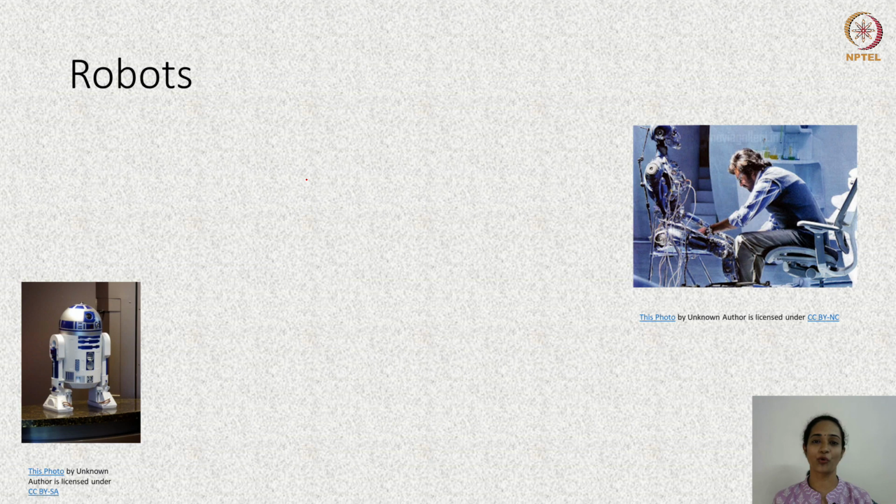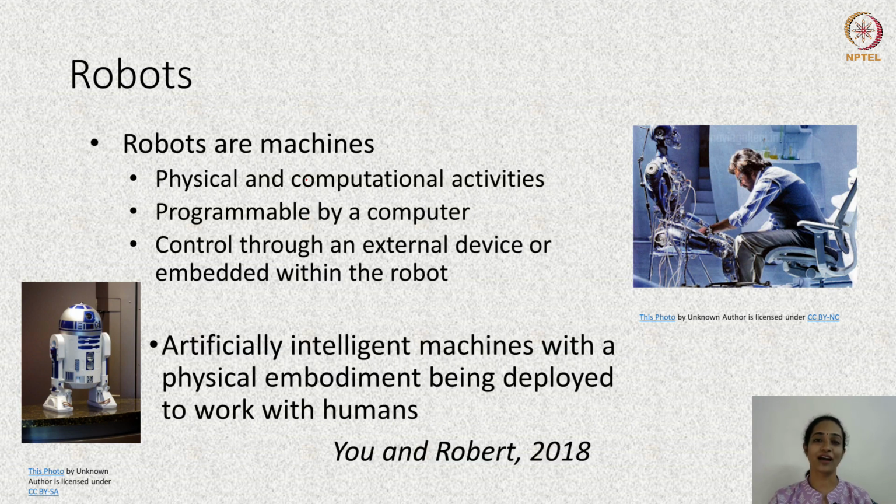So, what are robots? Robots are a kind of artificial intelligence. In the beginning of this lecture, I had said that we can classify artificial intelligence into two types based on how it is utilized. Robots are a form of embodied AI. That is, they are machines which have capabilities for computation. Usually, they are programmed by a computer. How do we control them?